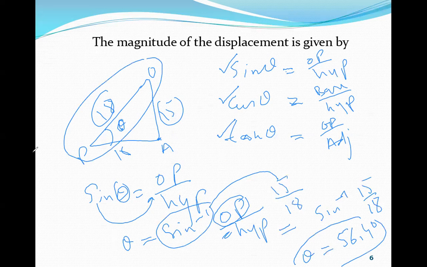Got it? Okay. So we say 56.4 degrees towards this, because the direction will be mentioned here. From O to P, we calculate this degree. If we want to calculate that one, this one is the opposite and this is adjacent.